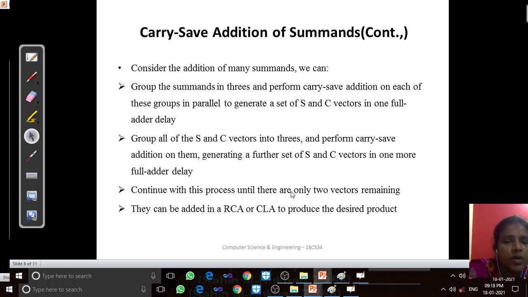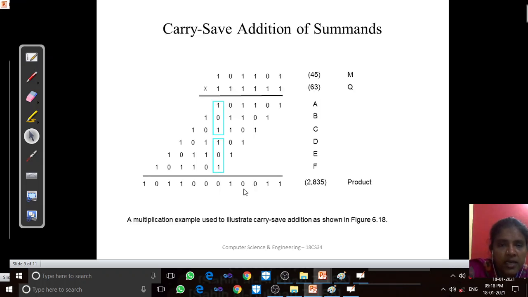Continue with this process until there are only two vectors left. So you have to keep on doing the carry save addition until you are left with only two vectors. Then they can be added using a ripple carry adder or carry look ahead adder to produce the desired result.